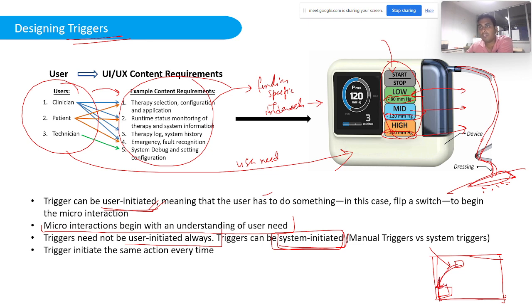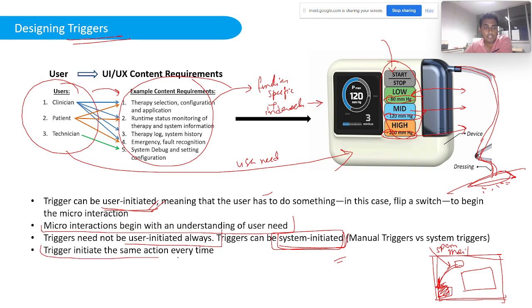These are smart algorithms, machine learning algorithms, which can detect whether a particular mail is spam or not, and it can trigger the action where this mail is diverted from the inbox and sent to the spam folder. So this is an example of how spam mail can be sent to a spam mailbox using system initiated triggers.